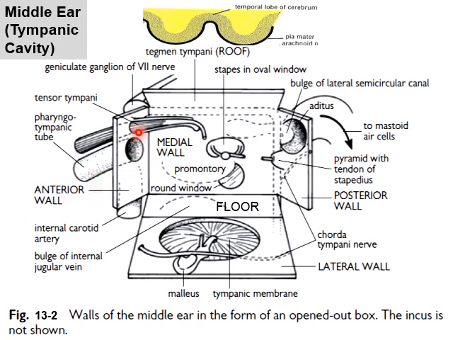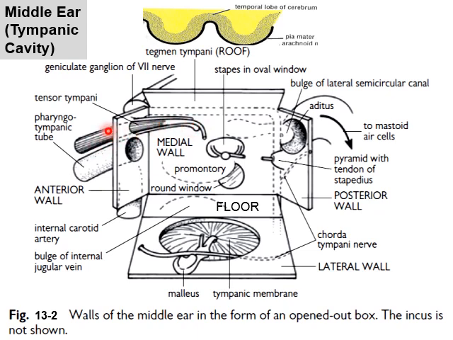First, the anterior wall. The anterior wall is related to the internal carotid artery, and it has an opening for the pharyngeo-tympanic tube or Eustachian tube. On the top, there is an opening for the tensor tympani muscle.